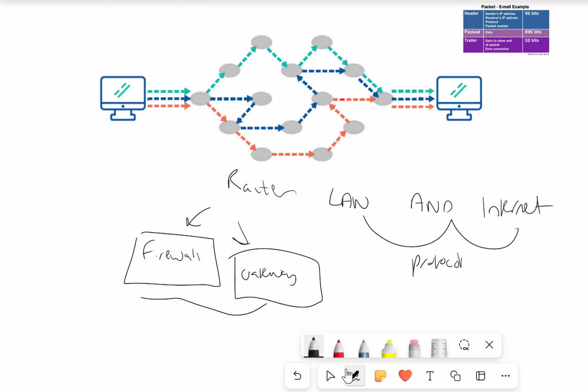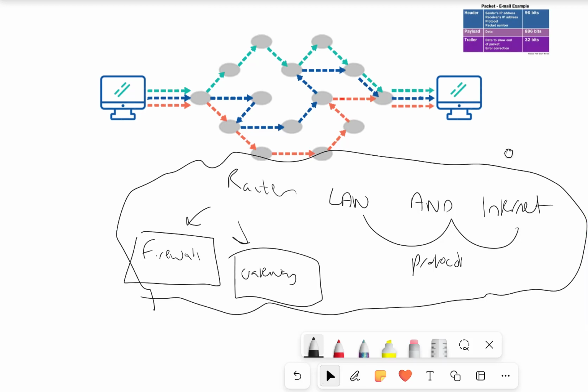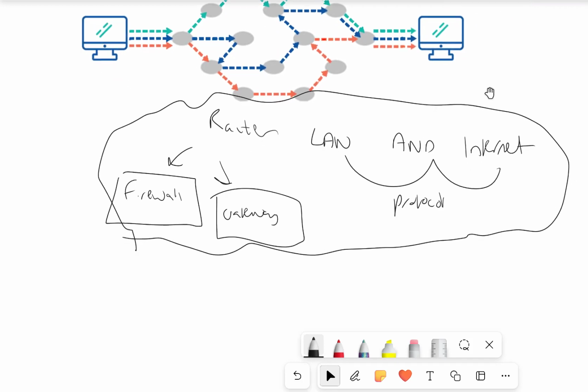So these are like your go-tos to begin with, and this is not to do with packet switching yet. So routers could be a firewall, they act as a gateway, they allow different protocols to be used between the local area network and the internet.